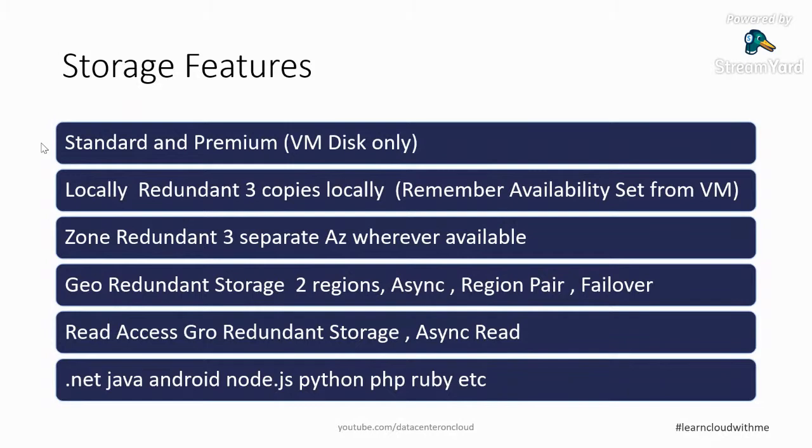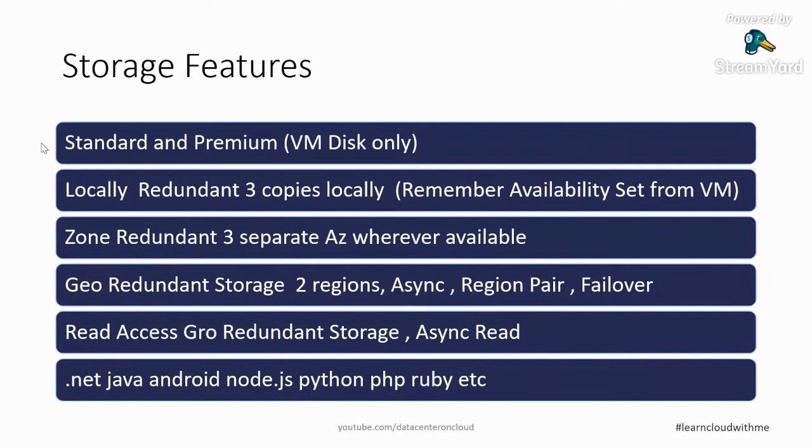So the first one stores the 3 copies locally. If one physical hardware or rack failed, or the storage system failed, it will automatically detect the failure, and we as an end user will not face such downtime or find our storage down. We will start getting served from another copy, and it happens synchronously in the local redundant case.